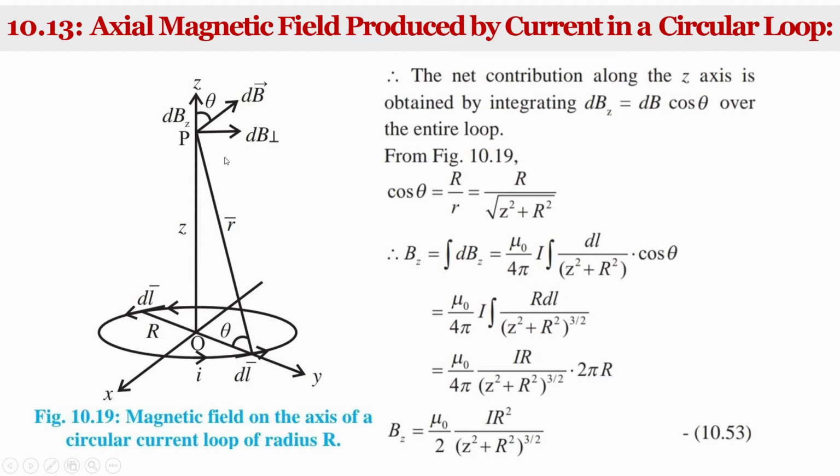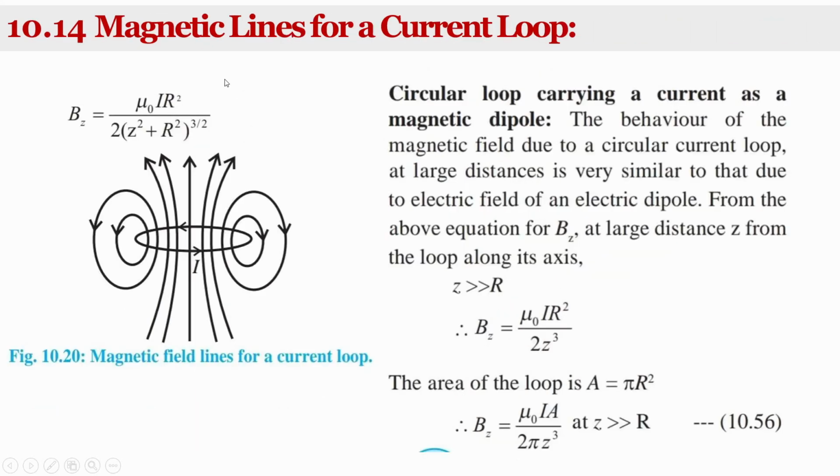So the net contribution along the z axis is obtained by integrating. The component dBz can be written as dB cos theta.